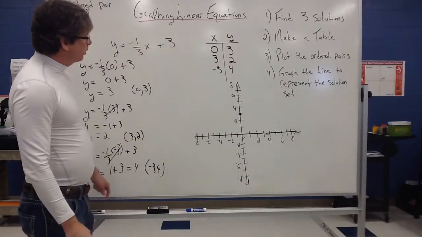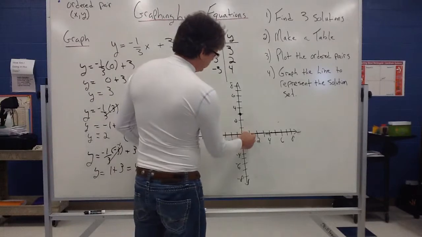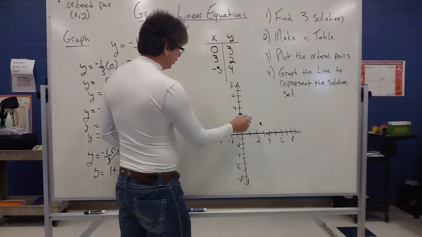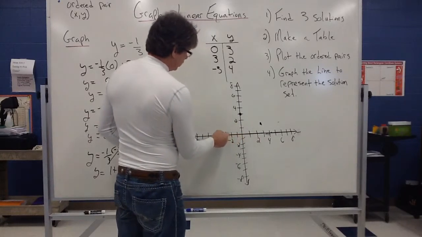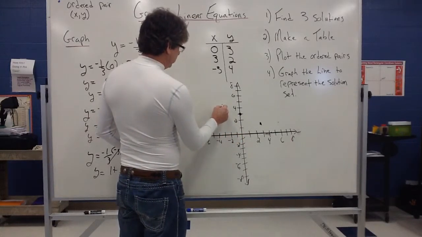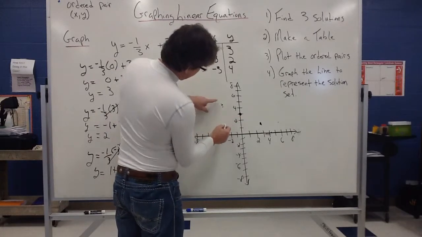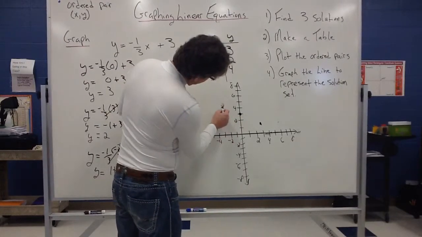So I'm going to graph these other points, (3, 2): 1, 2, 3, 1, 2, and the other ordered pair (-3, 4): negative 3, 1, 2, 3, 4. That would be the other solution. Up 4 would be about there.